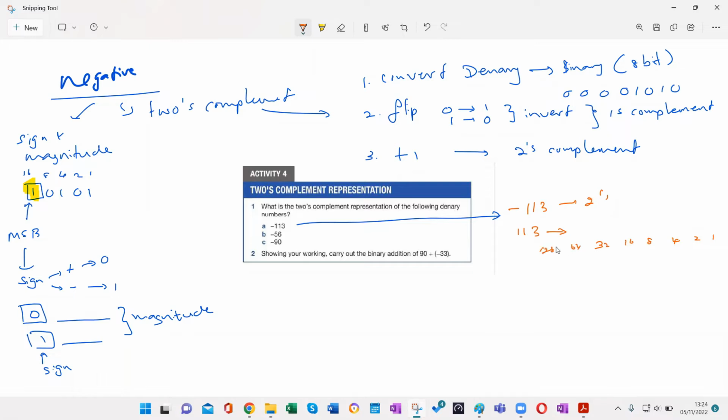So if you are using 8 bits, we end up at 128. Now you fill 113 into these slots. There's no 128, so it's 0. There's 64, so now you can minus 64 from 113. That is 49. 49 minus 32 is 17, right?